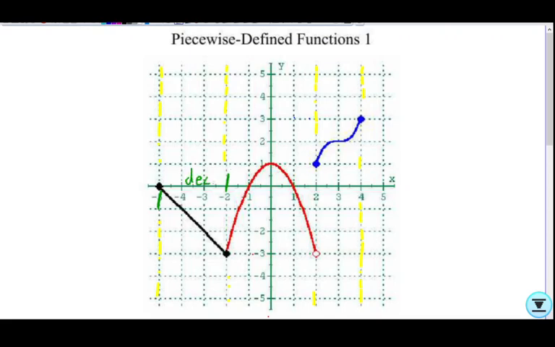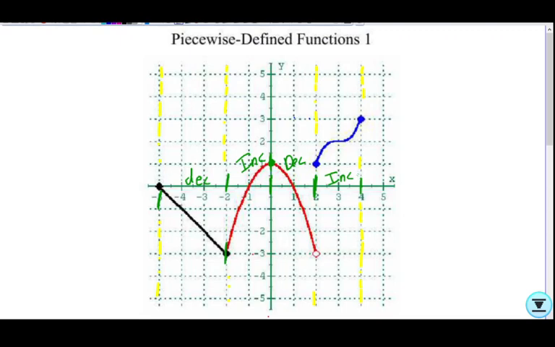Then right here at -2, it changes, and my function starts increasing, till I get to this point right here, that maximum point, my quadratic. And then from here to 2, it is decreasing again. And then from 2 to 4, it is increasing.